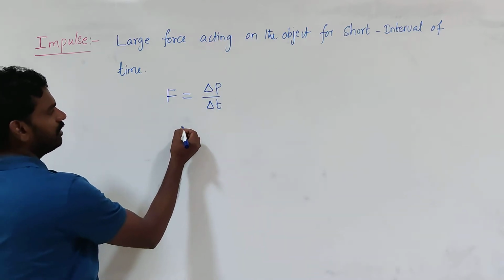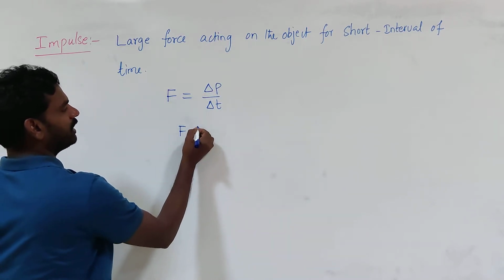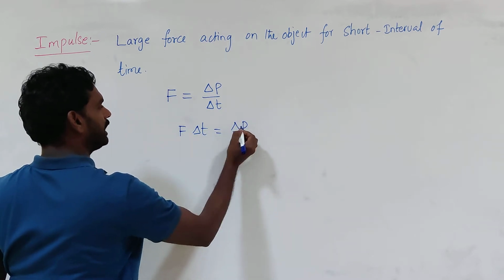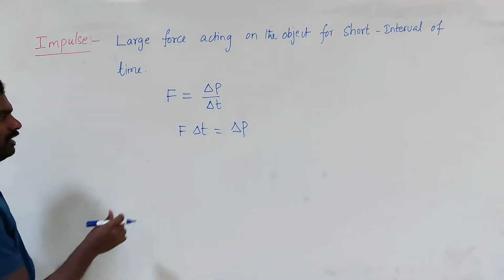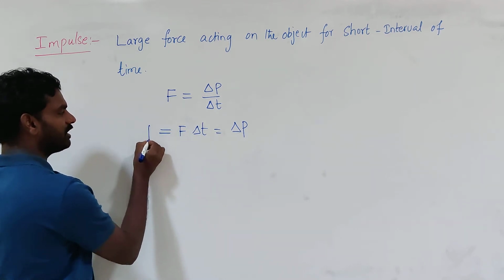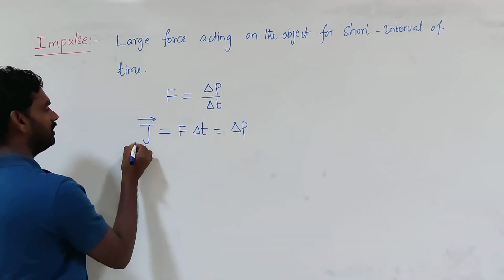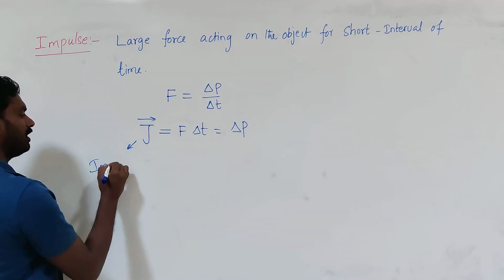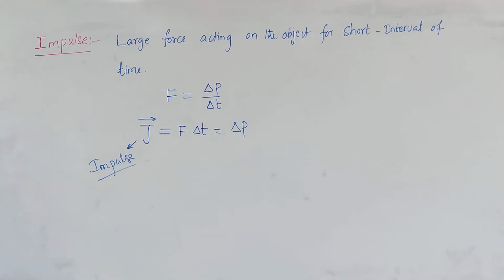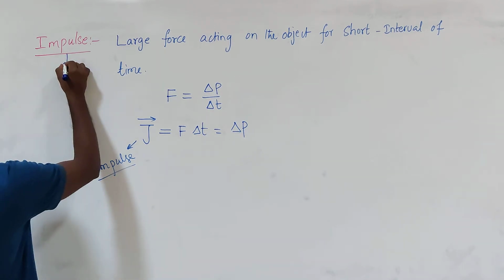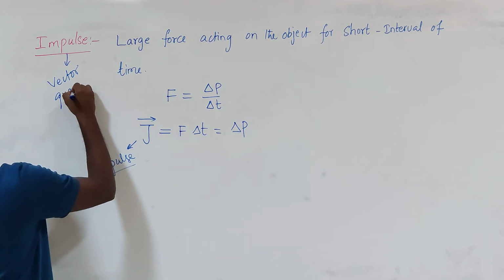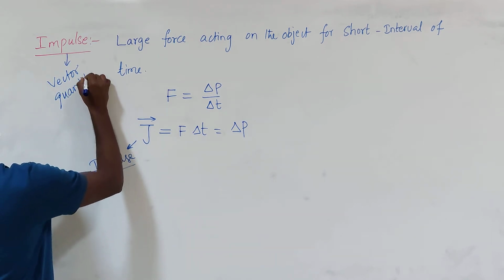So on cross multiplying, F into delta T equals delta P. This large force acting for a short interval of time is called impulse J. Impulse is a vector quantity.